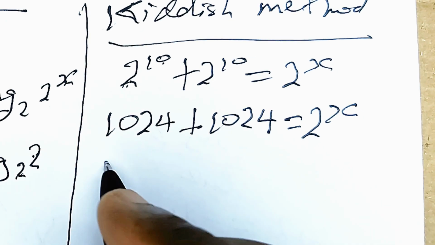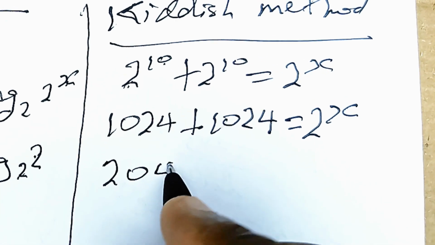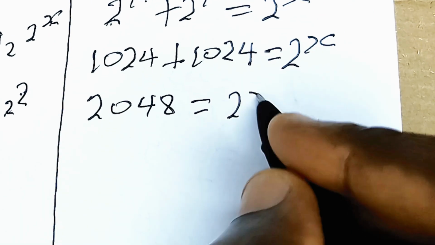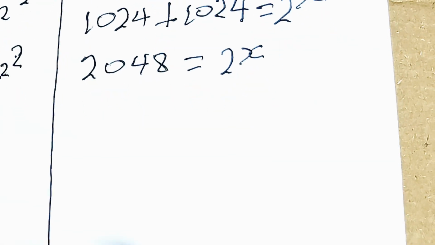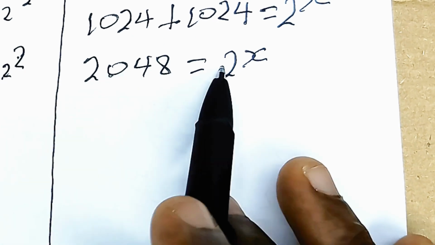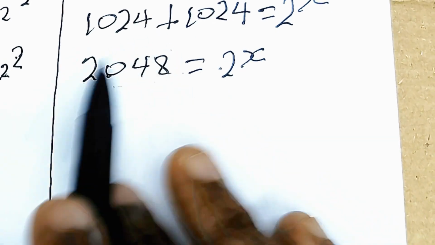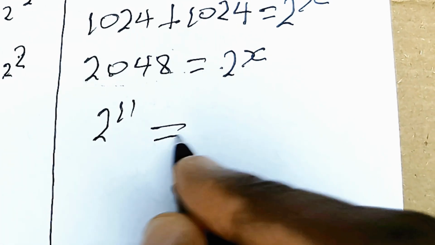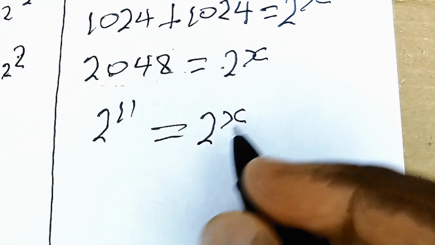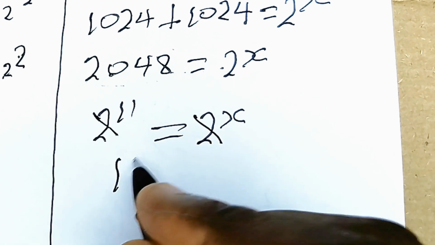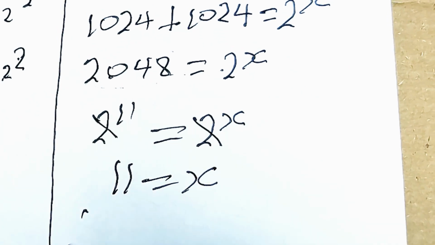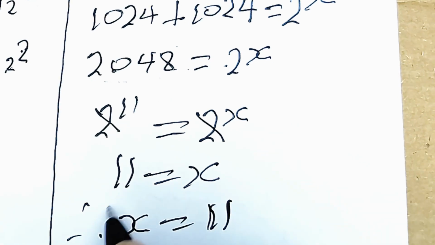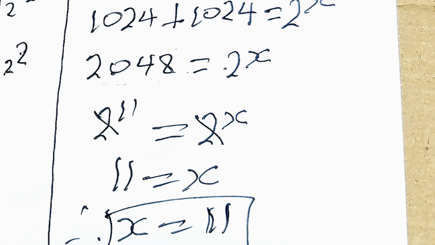When we add this together, we get 2048 is equal to 2 raised to the power of x. Now, by factorization, this gives us 2 raised to the power 11, and this gives us 2 raised to the power x. So that's 11 is equal to x, and therefore x is equal to 11. So that's the final answer.